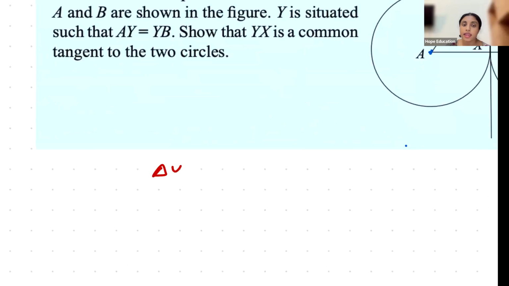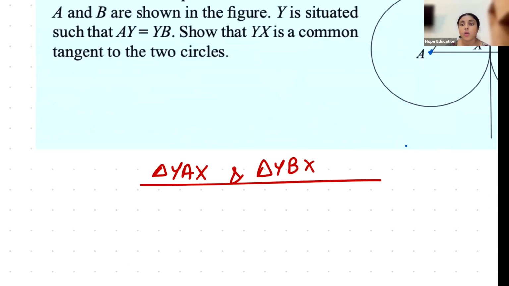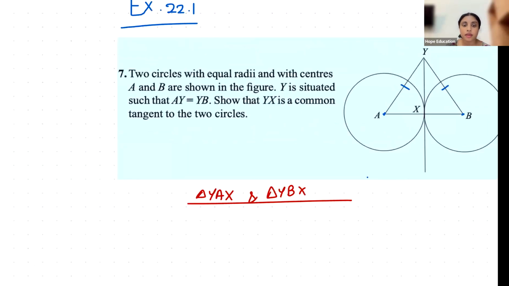Triangle YAX and triangle YBX. YA equals YB. AY equals AB, AY equals YB. That is what they have given.